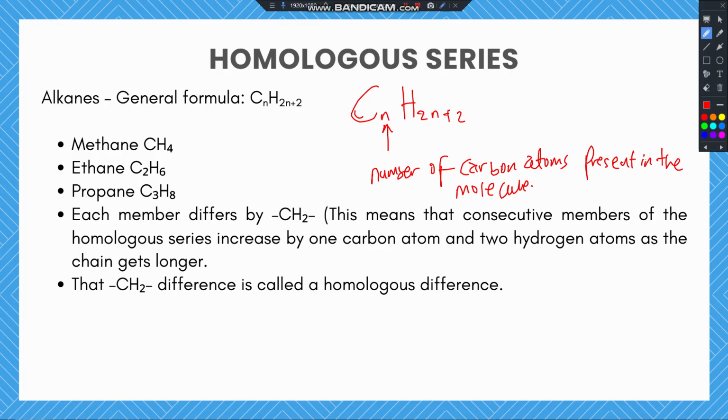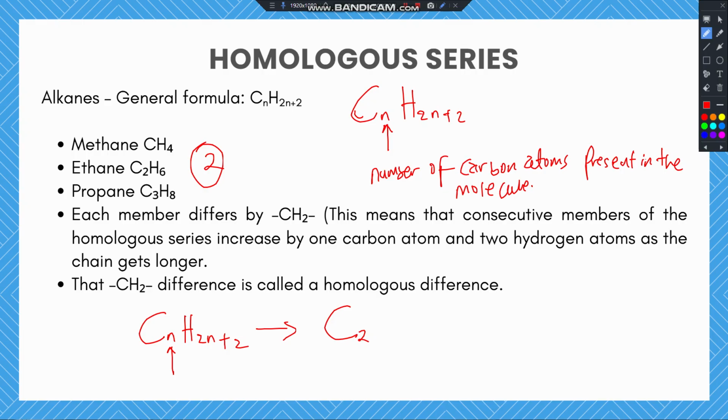For instance, let's say we have an alkane that has two carbon atoms present. CnH2n+2 now becomes C, and anywhere we see n, we put the number 2 because we have two carbon atoms.